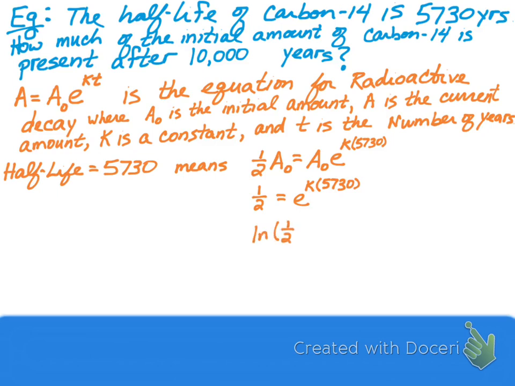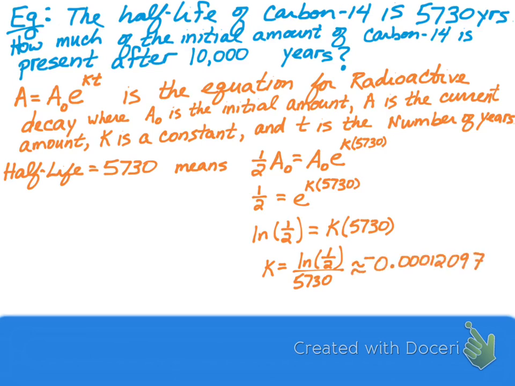So we have the natural log of a half is equal to k times 5,730, which means k equals the natural log of a half divided by 5,730. And this is the exact answer for k. If we wanted to have a decimal approximation, it is about negative 0.00012097.